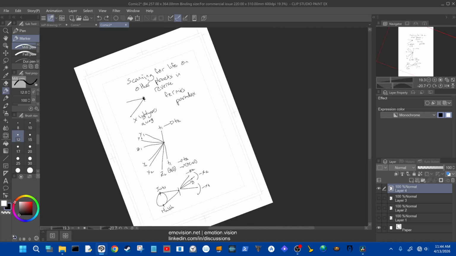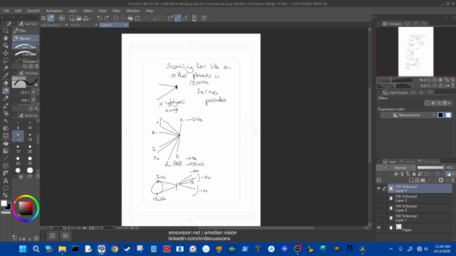Oops, sorry about that. Negative y. My brain is not firing. There we go. That's that one, and then this one is negative z1, and this one here is negative y1.